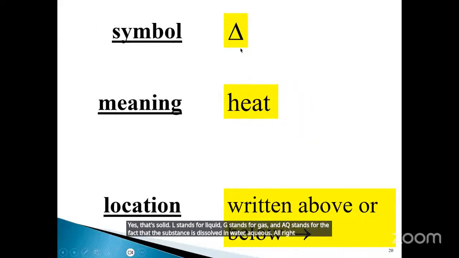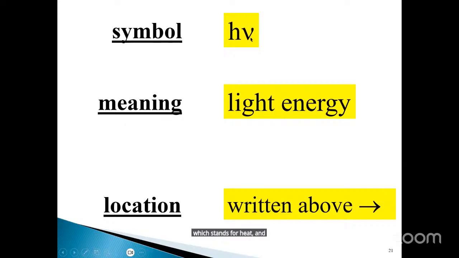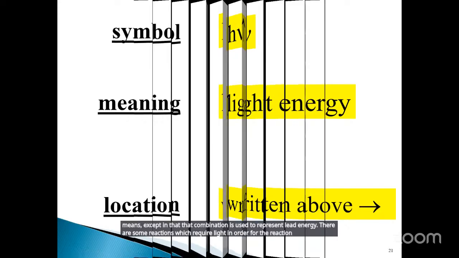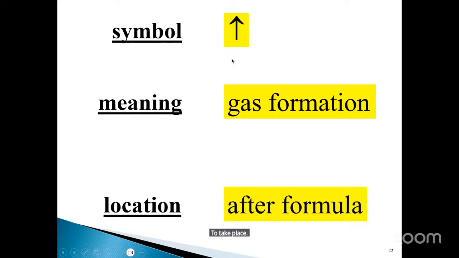Delta or triangle, that's a symbol placed above or below the arrow, which stands for heat. And H nu, I'm not going to explain what H nu actually means, except that that combination is used to represent light energy. There are some reactions which require light in order for the reaction to take place. Now, this symbol, to be perfectly honest, it's not used too often.